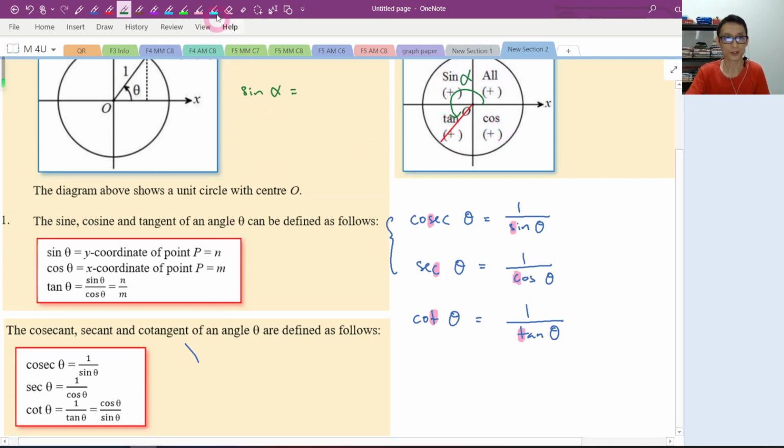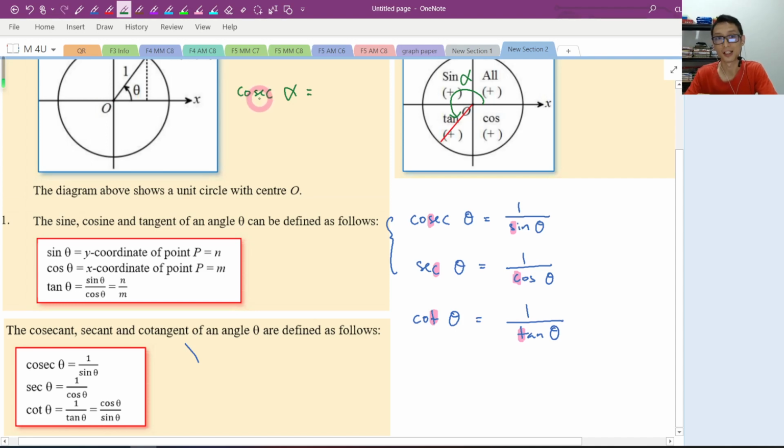But I want to talk about the cosecant. For sine alpha, it should be no problem, right? According to the ASTC, you know in this quadrant sine is negative. So now let's talk about cosecant alpha. If alpha is in the third quadrant, is it positive or negative? This is secant.